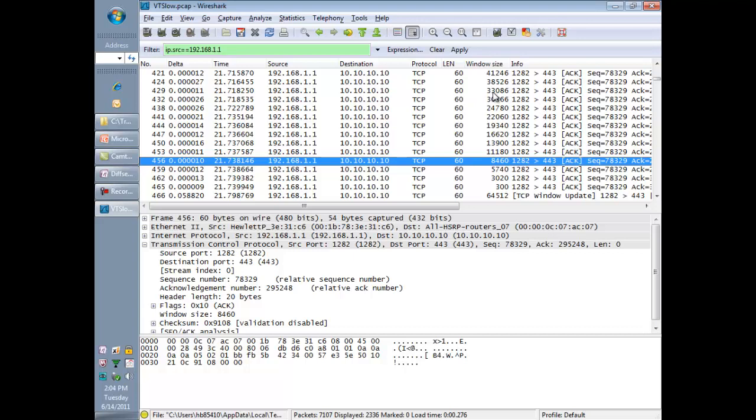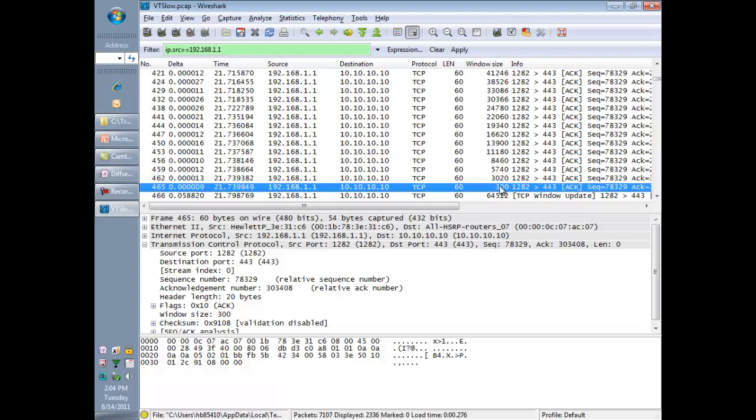And the fact that window size is going down, is that a bad thing? Not necessarily. I mean, that's what buffers are for, right? It becomes a problem when it becomes so small that I can't receive any more information. That is a legitimate problem, and it has nothing to do with the network. If anything, the network is sending you too much data.